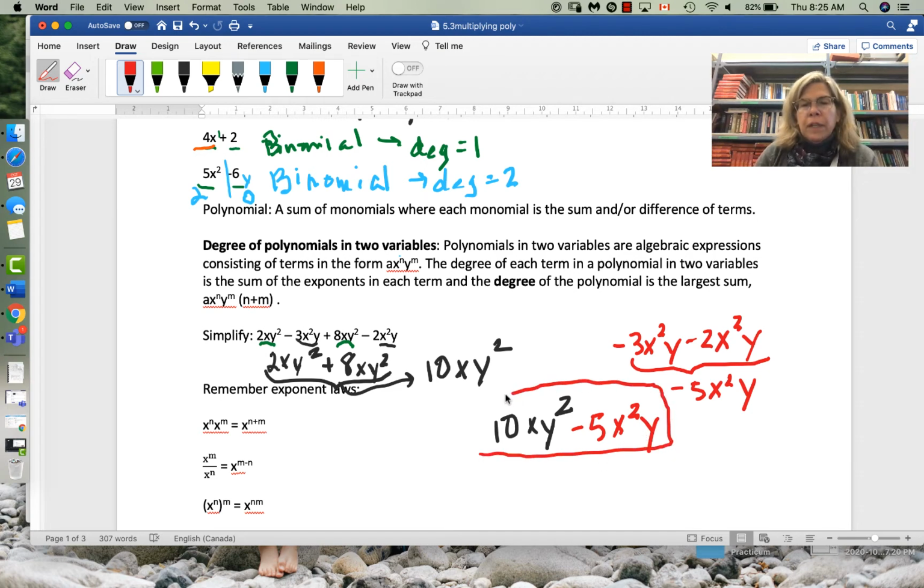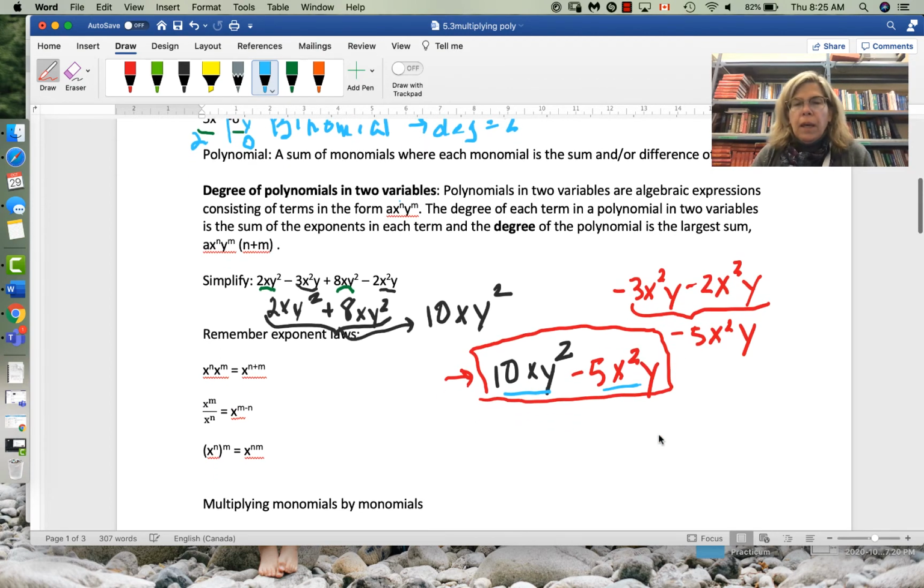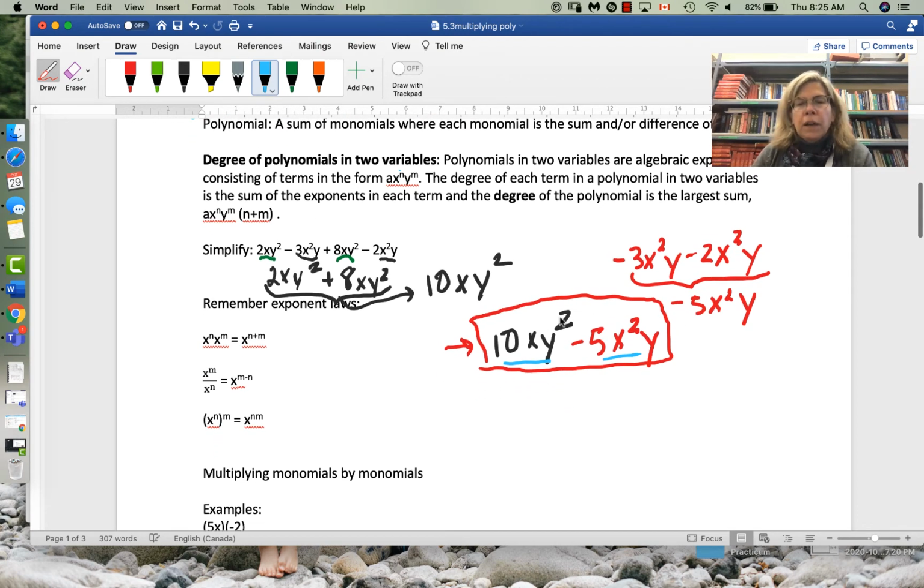Now, what if I said, what's the degree of this polynomial? It's not a polynomial, but it's got 2 terms, so it's a binomial, right? And so what is the degree of this? Well, x to the first and y to the second, so the degree of this term is 1 plus 2, or 3.